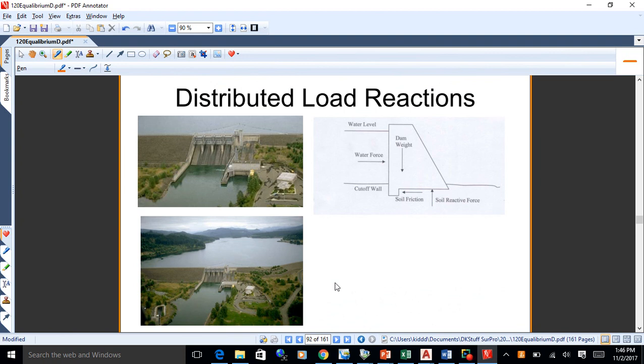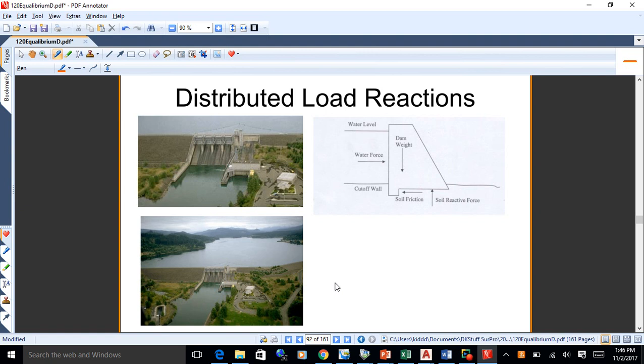Now, sometimes you might run into distributed load reactions. These will come up. I did a little dam once, and we made some assumptions on it that led to a distributed load reaction.